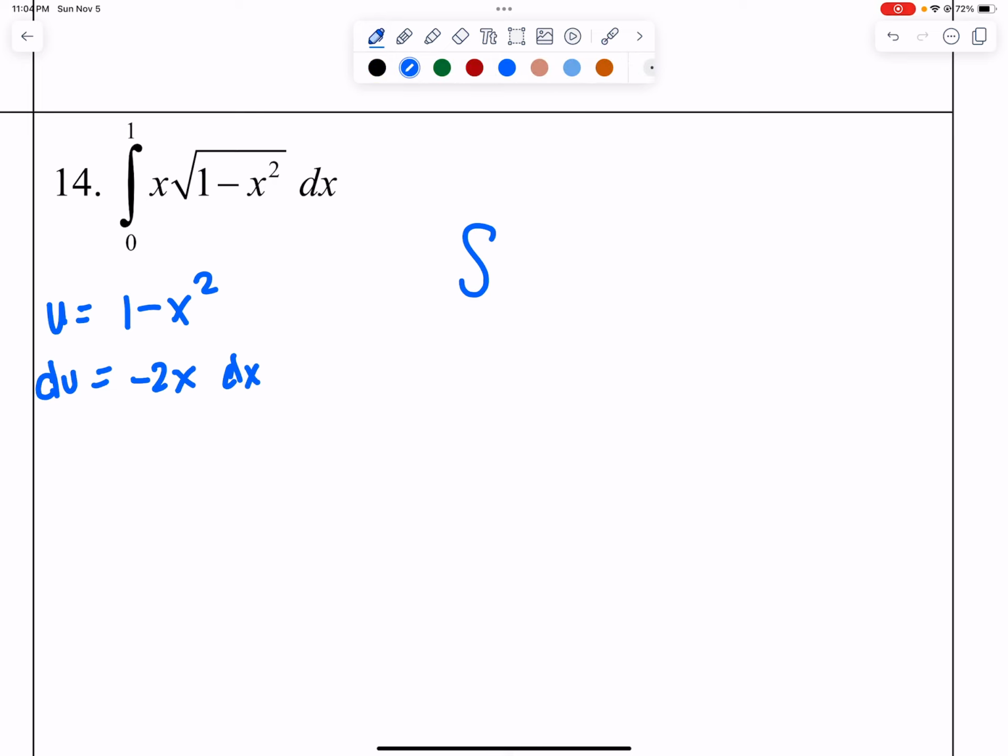So 1 minus 0 squared, or just 1. And then if I go from 1 here, my upper limit of 1, that's going to be 1 minus 1 squared, or 0. Using my substitution now, I'm going to have x over negative 2x, the square root of u du. Notice how the x's cancel out, so I'm only left with a negative 1/2, which I will put up front.